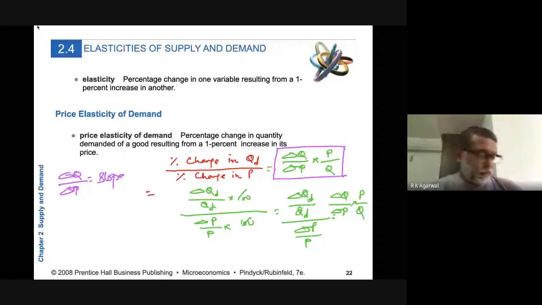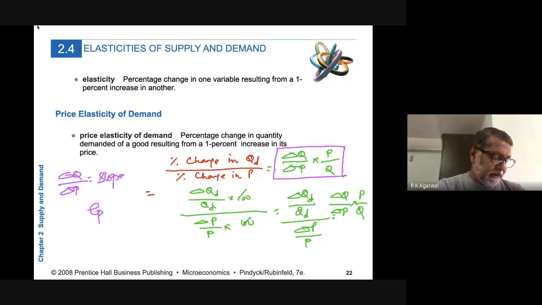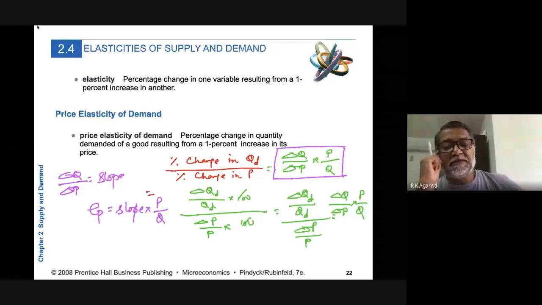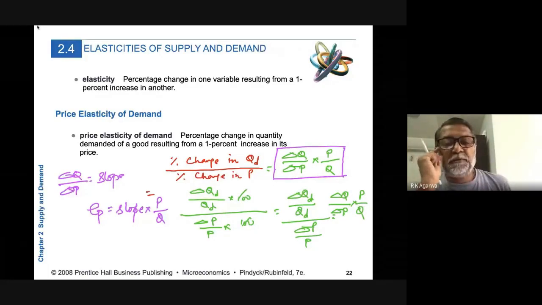So we can also say that elasticity of demand with respect to price, let us denote it by EP, is equal to slope times P by Q. That is, slope times the ratio of price to quantity. So this is what we call the definition or the formula to calculate price elasticity of demand. Is this clear or not? Tell me. Shall I proceed from here or not?